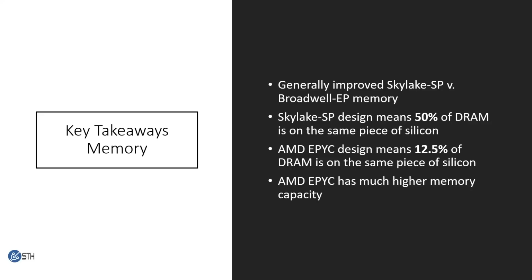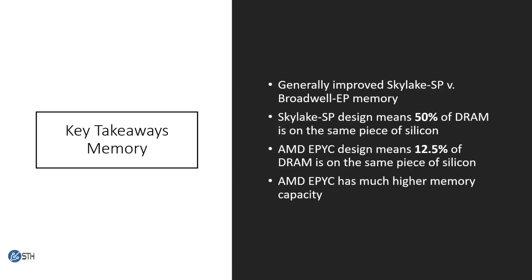Intel will undoubtedly say that the new Skylake-SP chips have a significantly better memory system than the older Broadwell generation. That's 100% correct. Again, the Skylake-SP cores will have 50% of the total DRAM connected via silicon interconnects, and the other 50% of DRAM will be over the UPI bus, whereas with AMD EPYC, you only have 12.5% of the DRAM located and attached to the same piece of silicon as a core may be.